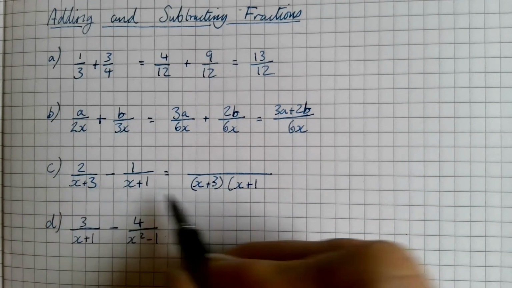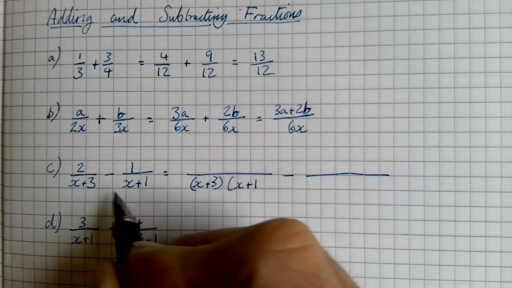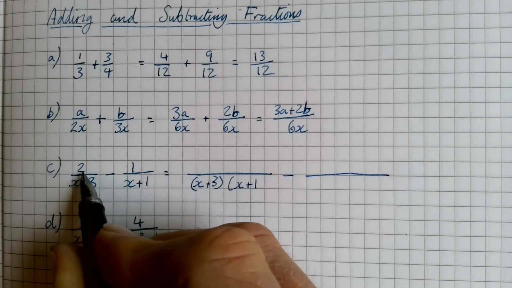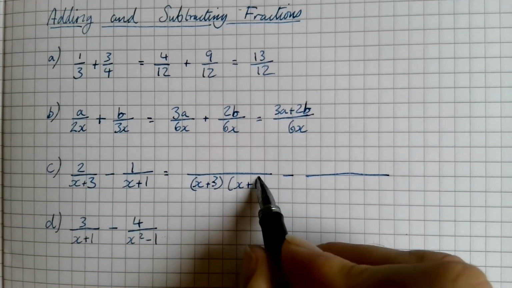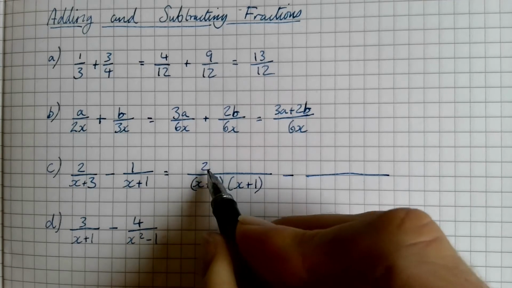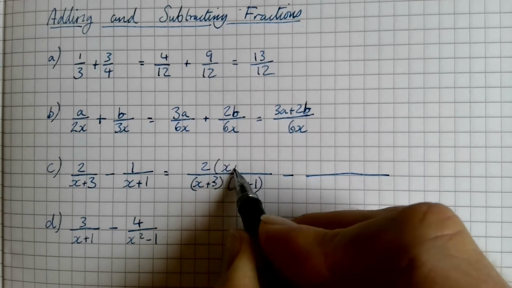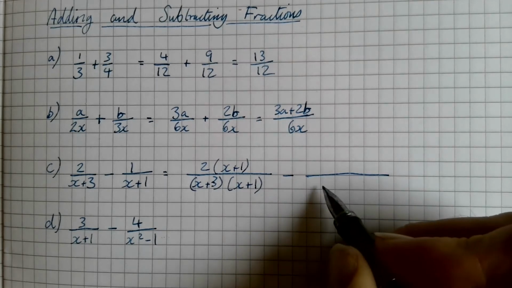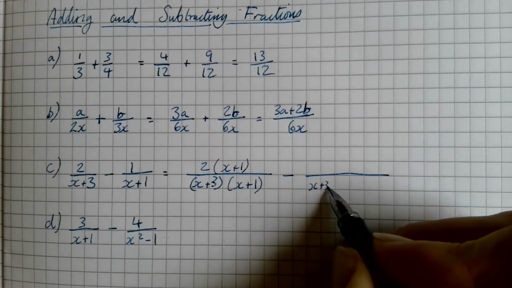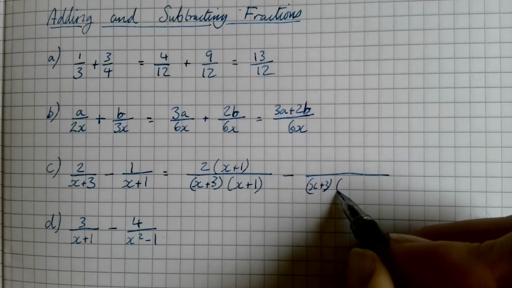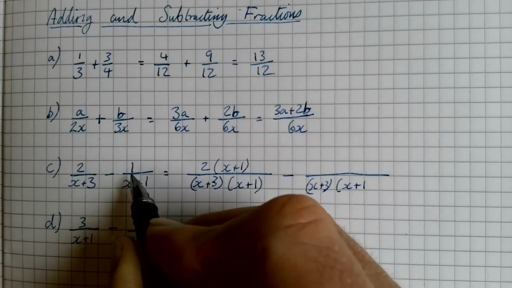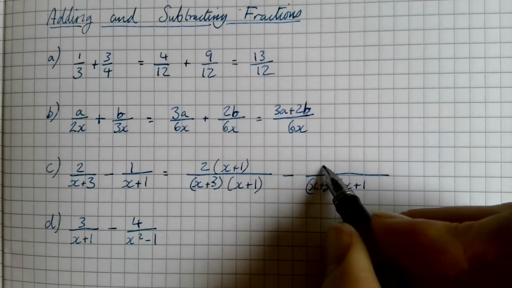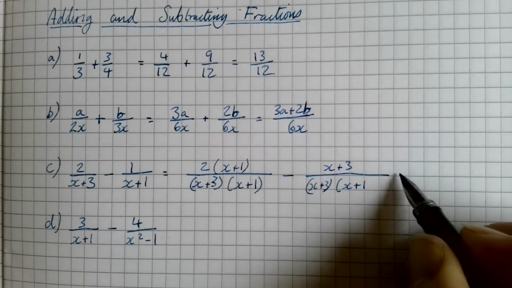Now for the first fraction, the 2 has already got the x plus 3, so it's being times by x plus 1, so we can just write that. And here we'll have the same denominator, and the 1 is being multiplied by x plus 3.